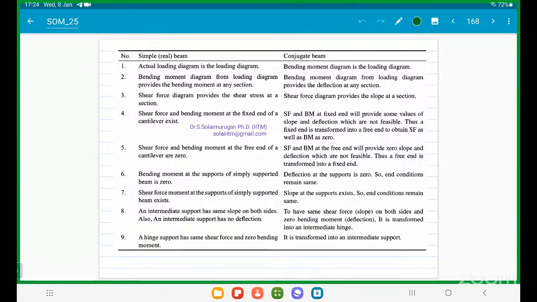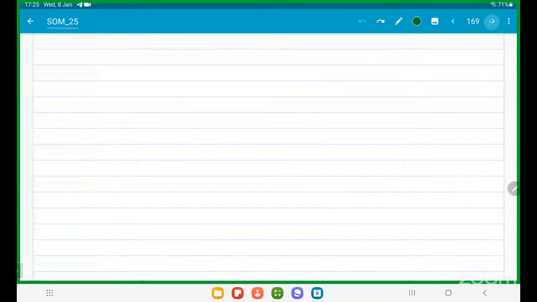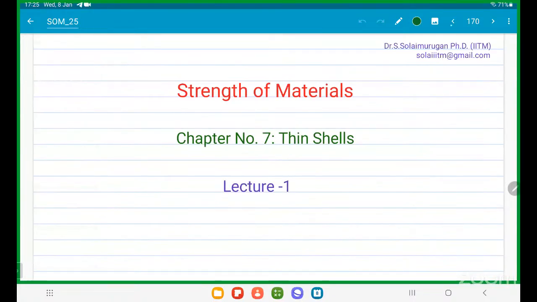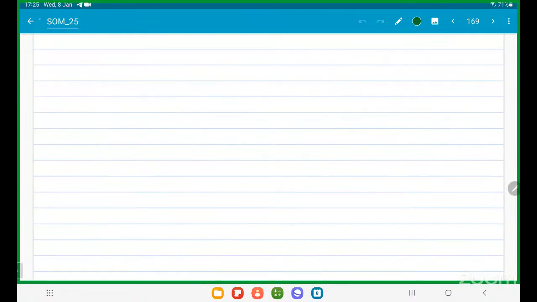In your free time, you can go through this. In the conjugate beam, shear force is nothing but slope at the section. So in the free time, you can go through this slide. Okay, sir. We will stop. Next, we are going for questions.